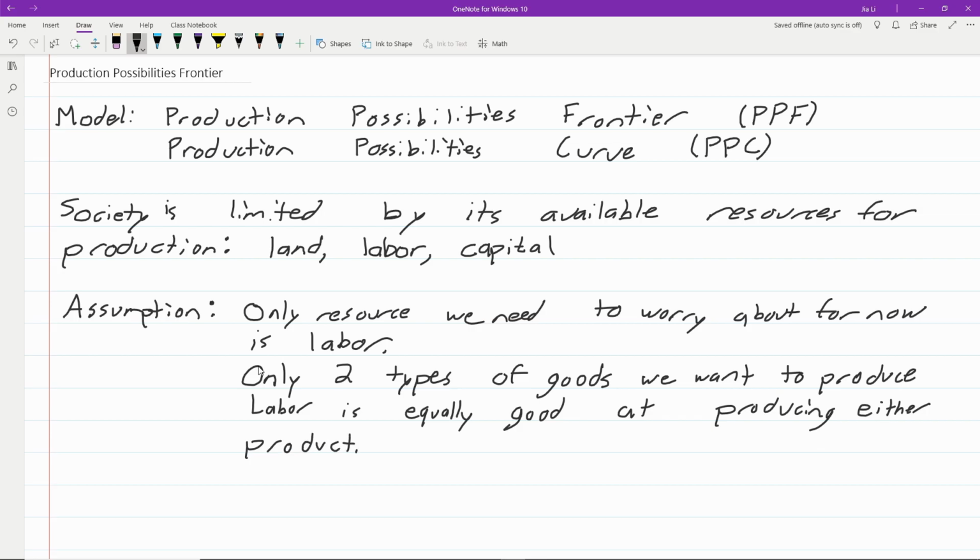Basically what I mean by this is, of course, we know that different people have different skills, different training. So for example, I know a lot about economics because I studied it, but I know very little about chemistry.